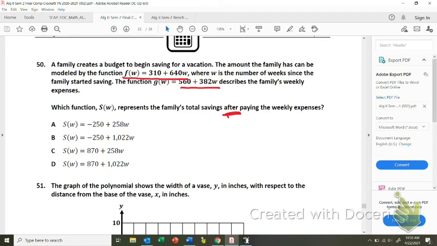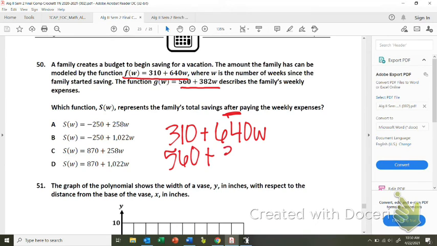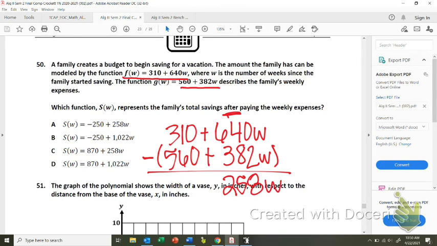So we start with 310 plus 640 times w. And we want to know what the family saves after they paid this weekly amount. Since we want to know after, all we do is subtract these two equations. 640 minus 382 is 258. 310 minus 560 is negative 250. So the answer here would be A.